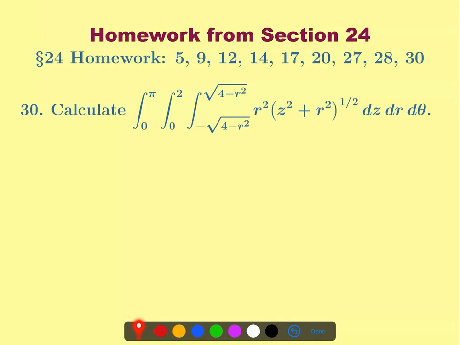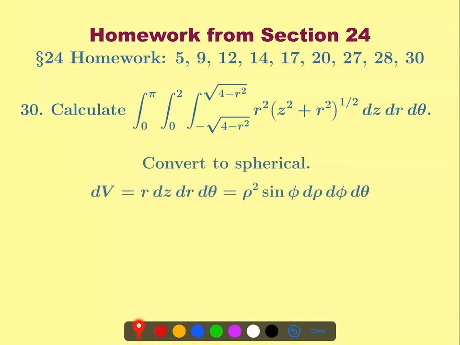And what about the r squared? Well, before you do anything with the r squared, keep in mind that this is in cylindrical coordinates. So when I convert to spherical coordinates, I want to use that dV is r dz dr d theta in cylindrical coordinates, and rho squared sine phi d rho d phi d theta in spherical coordinates. So I'm going to need this r dz dr d theta to rewrite like this.